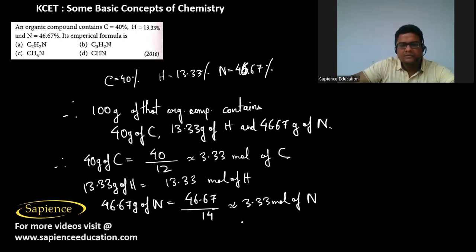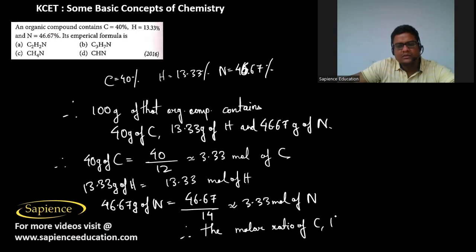So therefore the molar ratio of carbon, hydrogen, and nitrogen in that organic compound will be equal to 3.33 is to 13.33 is to 3.33.